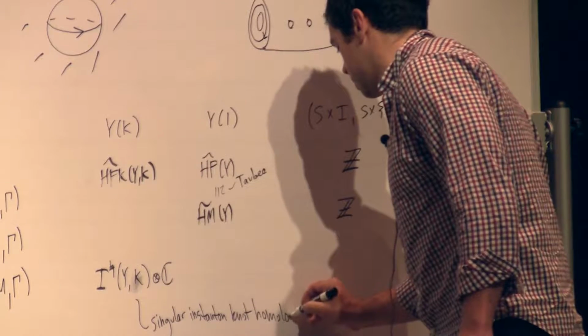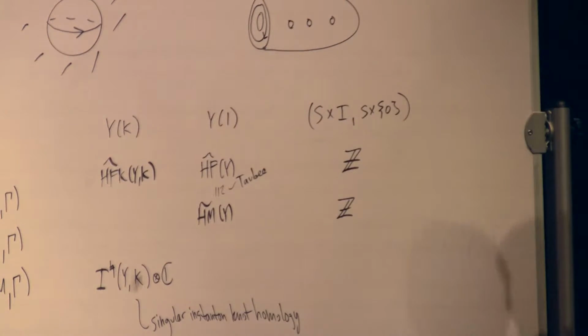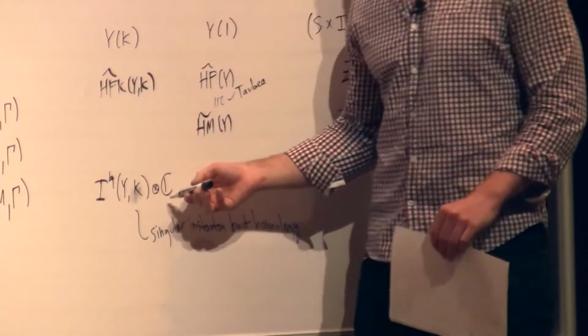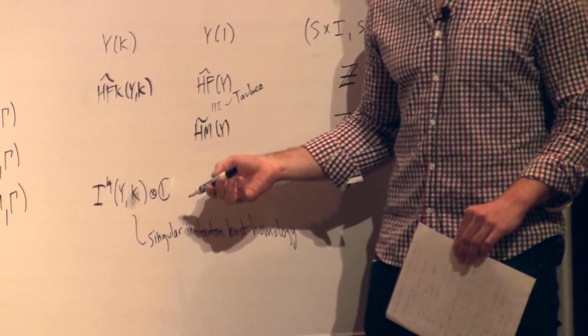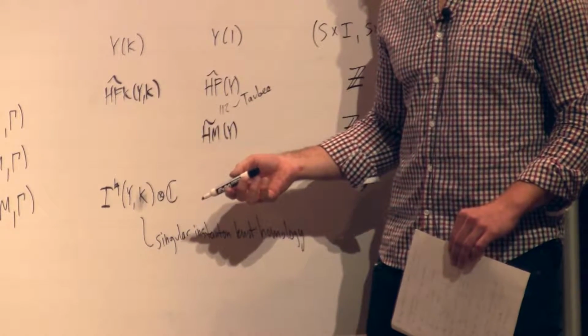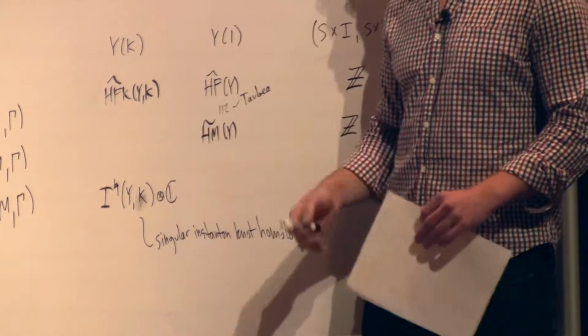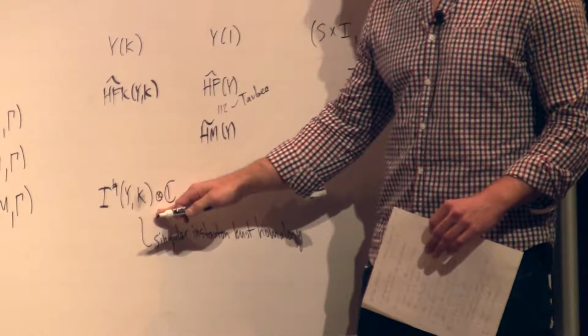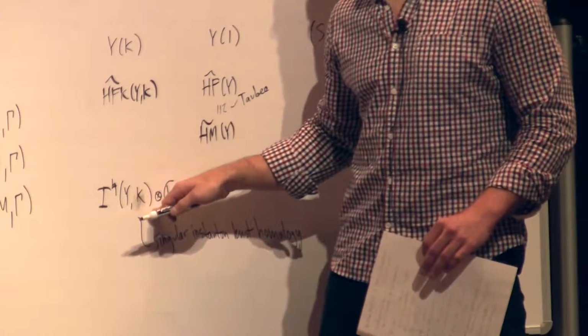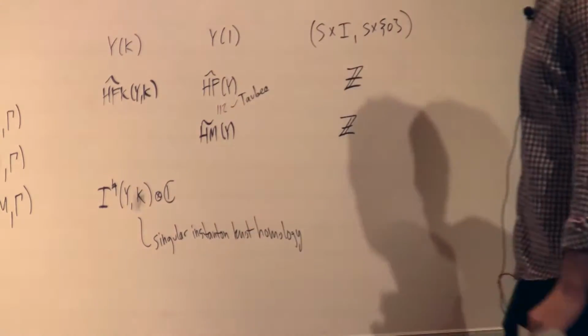If you've been following the subject, maybe you know that this is the theory that Kronheimer and Mrowka relate to Khovanov homology in their proof that Khovanov homology detects the unknot. They show that there is a spectral sequence from Khovanov homology to this theory, and then they use the fact that these two things are isomorphic to show that Khovanov homology detects the unknot.